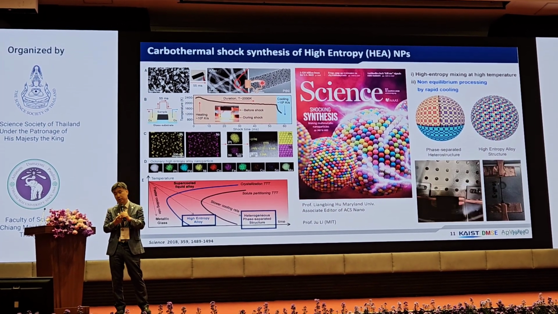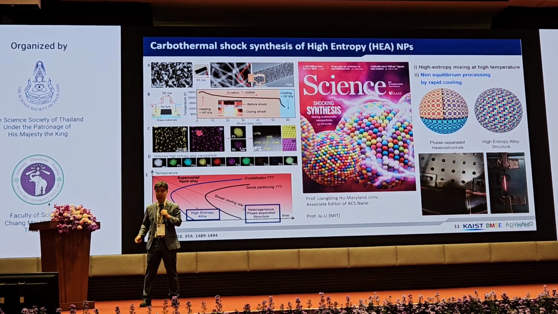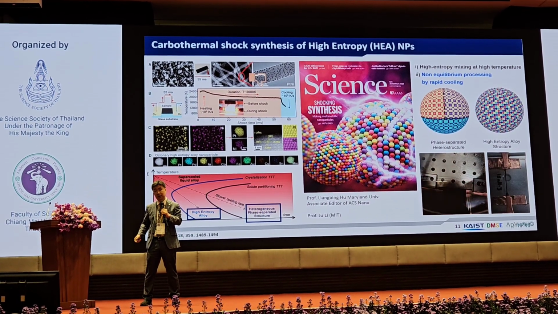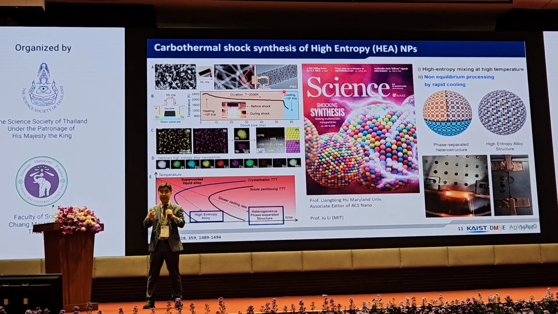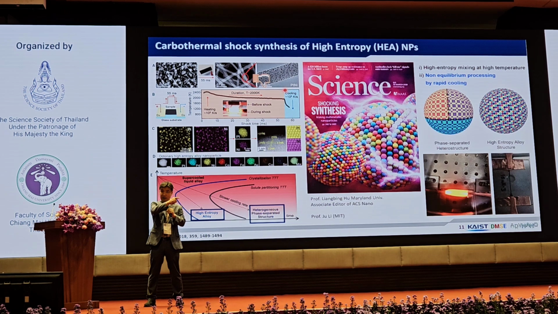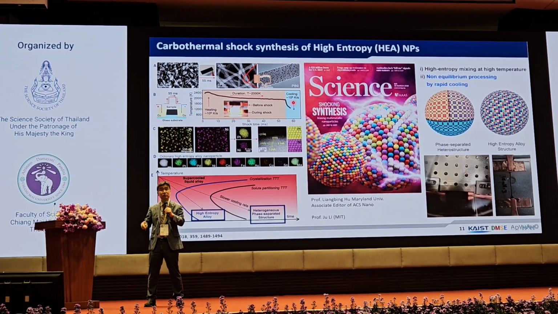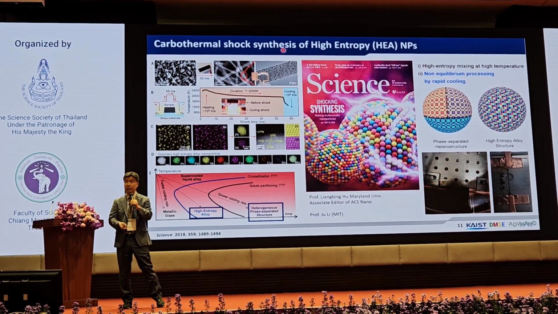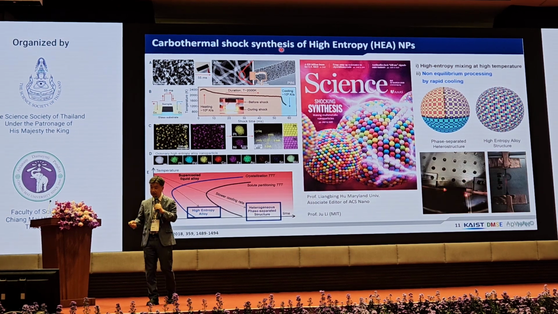Then after the Joule heating, in this schematic, you can see the y-axis is temperature and the x-axis is shock time. So here, this is 60 milliseconds, 0.06 second. Very fast, right? Then after the rapid cooling, almost quenching, there is no time for phase separation. Then we expect a high entropy alloy catalyst design.